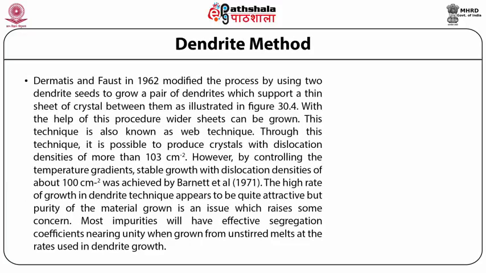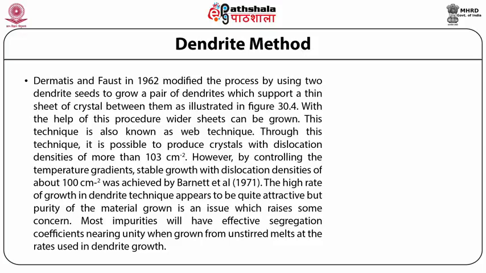Dermatis and Fast in 1962 modified the process by using two dendrite seeds to grow a pair of dendrites which support a thin sheet of crystal between them, as is illustrated in figure 30.4. With the help of this procedure, wider sheets can be grown. This technique is also known as web technique.